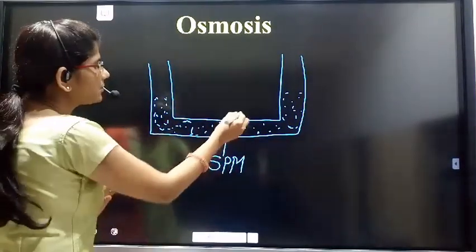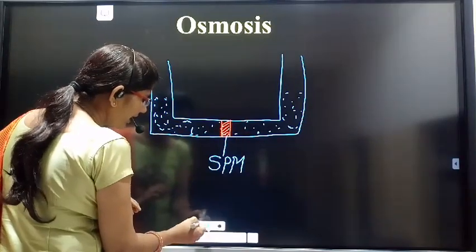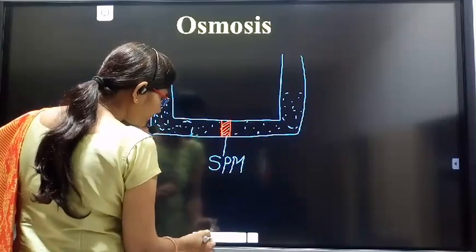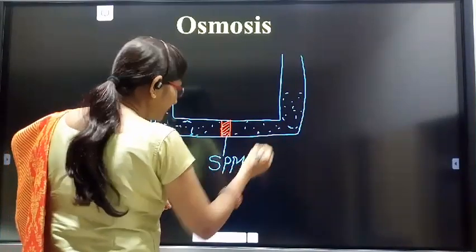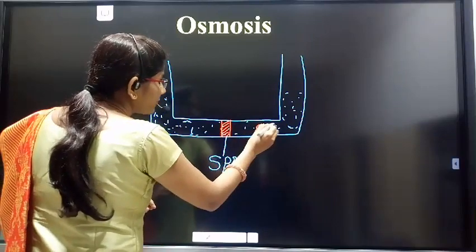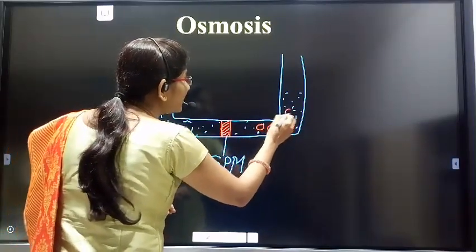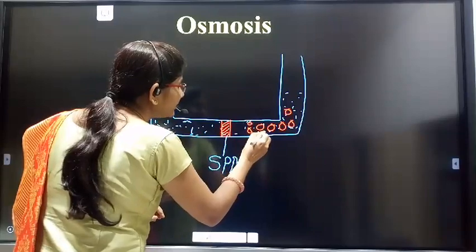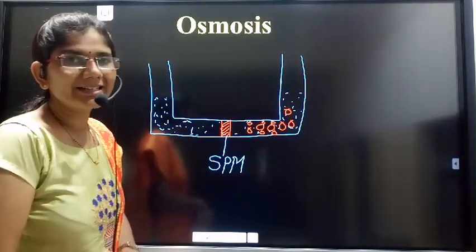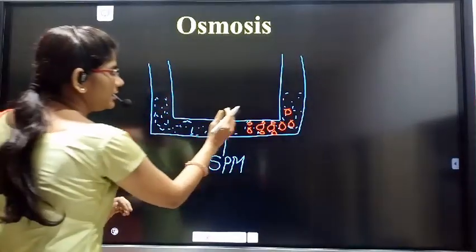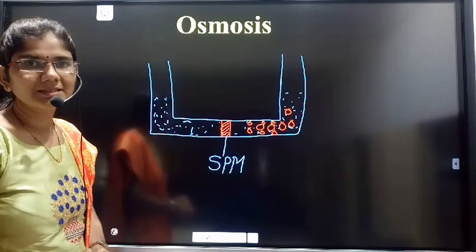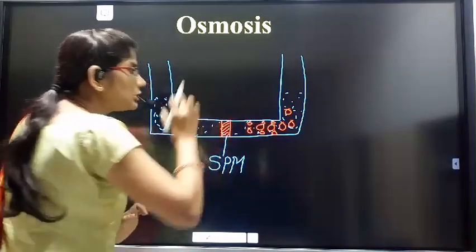In this part, if we add some solute particles, then it forms a solution.